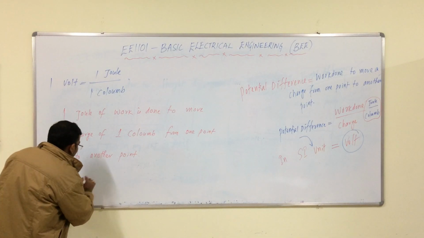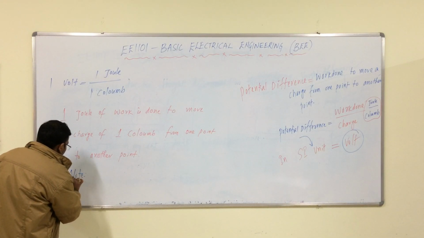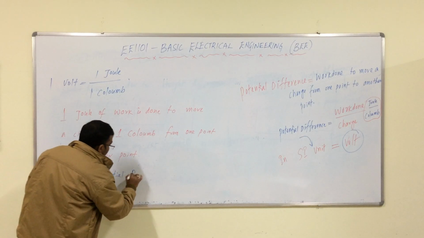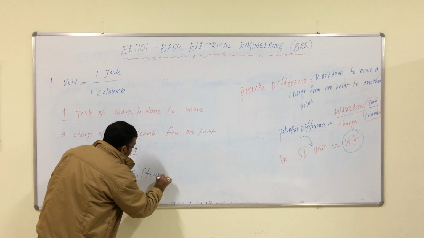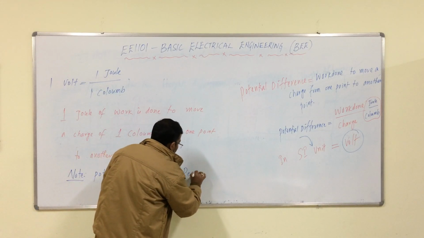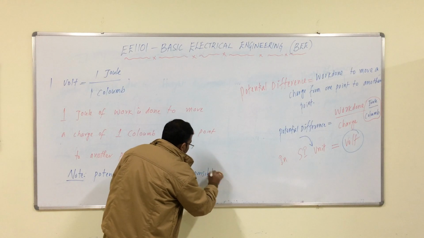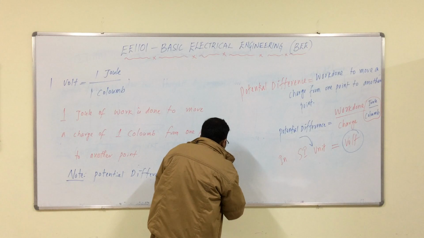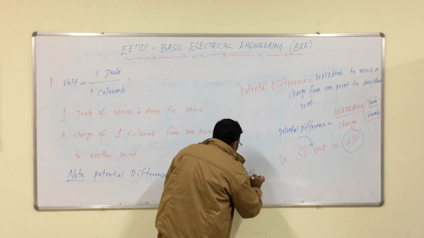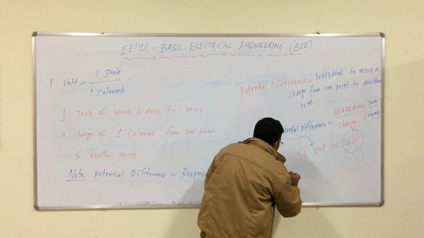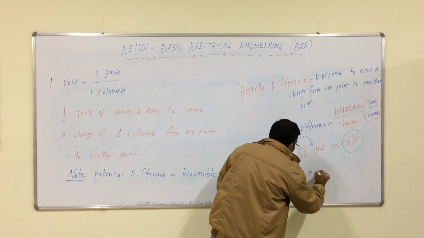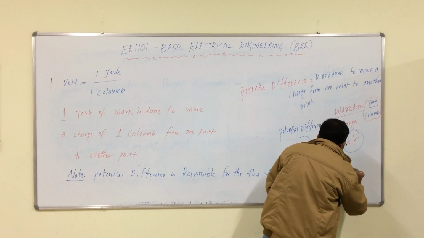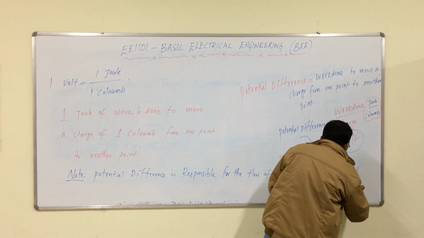That is, note, potential difference is responsible for the flow of current in an electric circuit.